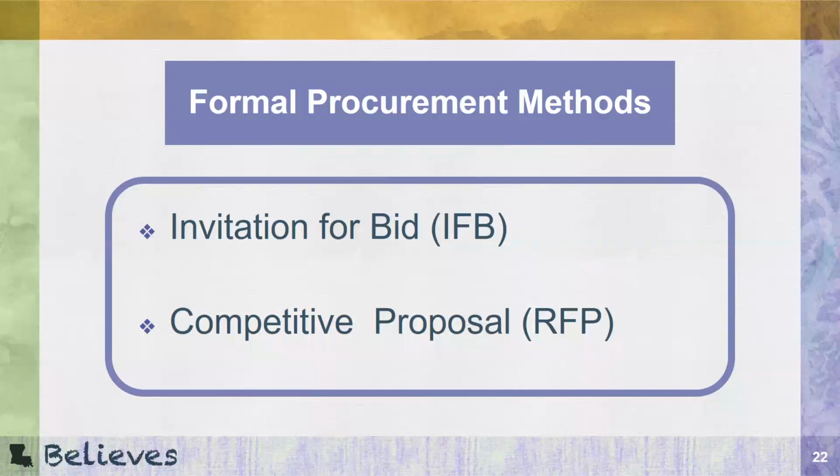So you also are going to have to plan how you're going to complete formal procurements. And you have to make sure you have that in your procurement plan. There's a number of ways that you can get your formal procurements done. Either you can use an invitation for bid, we call it an IFB, or a competitive proposal, or an RFP.